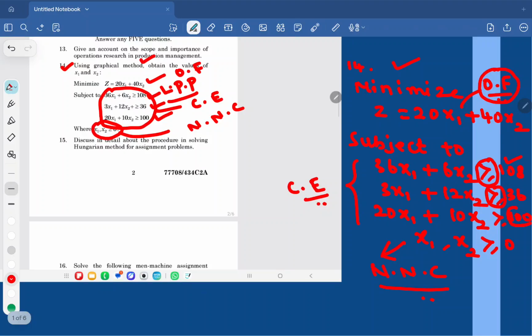First of all, you notice that in a minimization problem, all the inequalities should be greater than or equal to. The last one, x1, x2 greater than or equal to 0, is the non-negative constraint. Total constraint equations: 3. I am going to solve this LPP with the help of the graphical method.